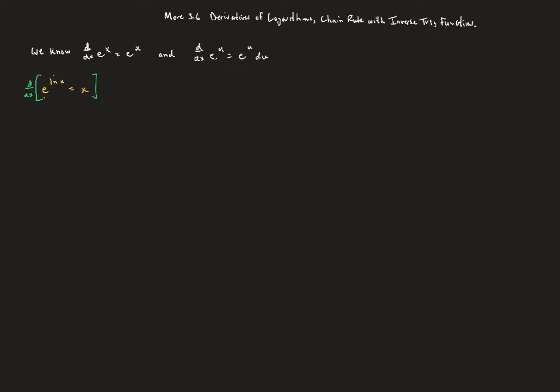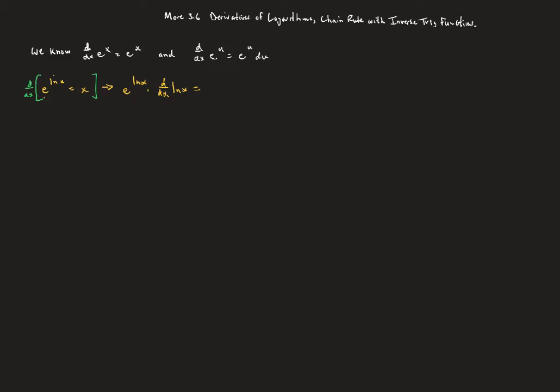We're going to think of that as taking the derivative of e to the u, where the u is going to be that natural log x, and that's the derivative we don't know. So from here, we're going to get that same exponential, e to the u, times, and we don't know the derivative of natural log x. That's what we're trying to find out, and so we're going to try to resolve that.